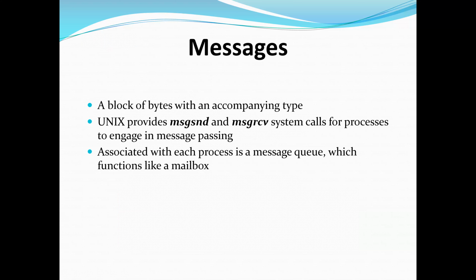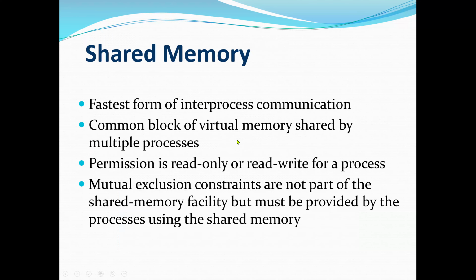Associated with each process is a message queue, which functions like a mailbox. A message sender specifies the type of each message sent, and this can be used as a selection criterion by the receiver. The receiver can either retrieve messages in first-in, first-out order or by type.